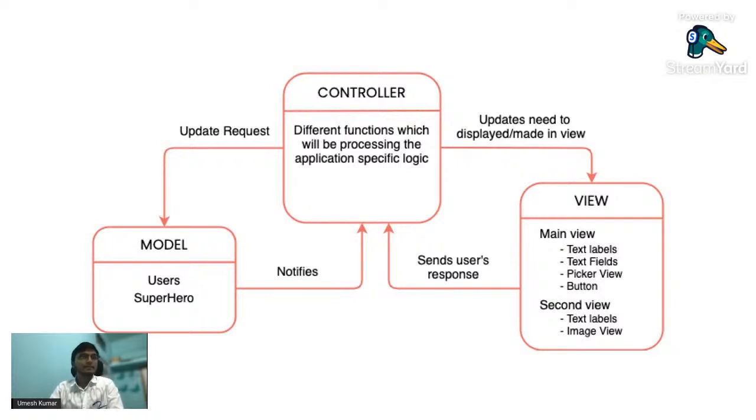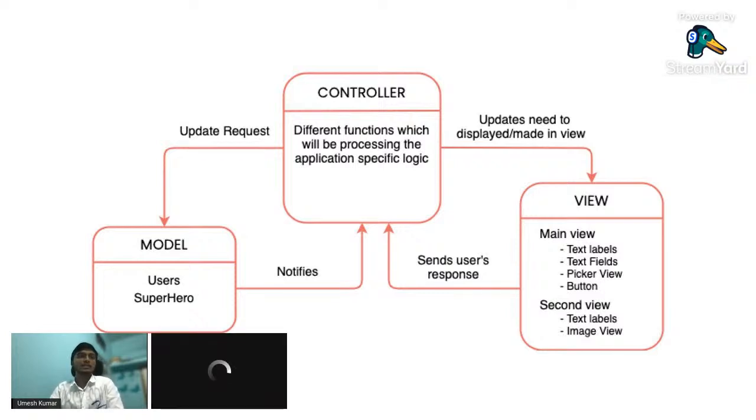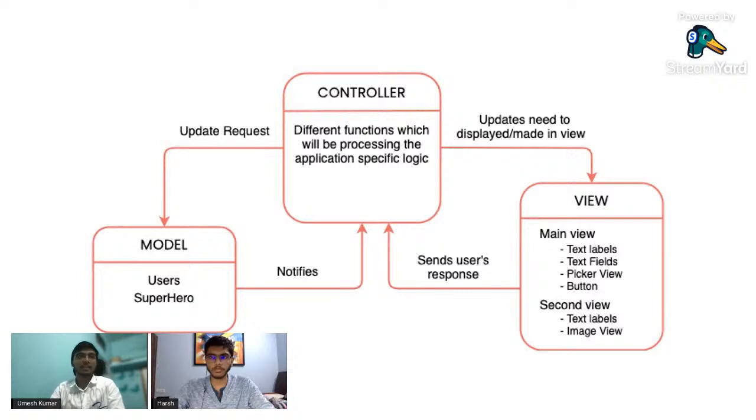And here is the flow chart for it. As we have in the model users, the screen starts from the view, as you give some text in the text fields, then edit in the picker view. After that, you select the button, and it sends a user response.